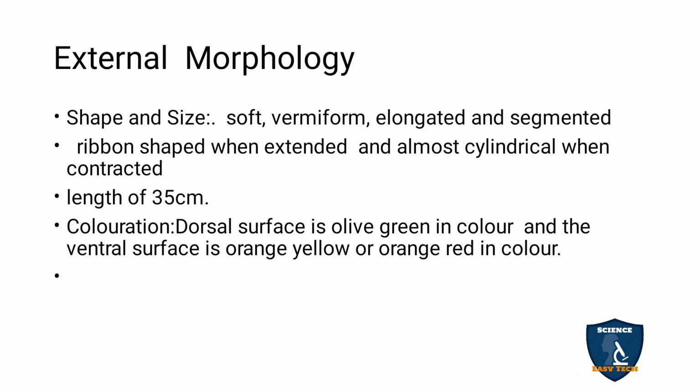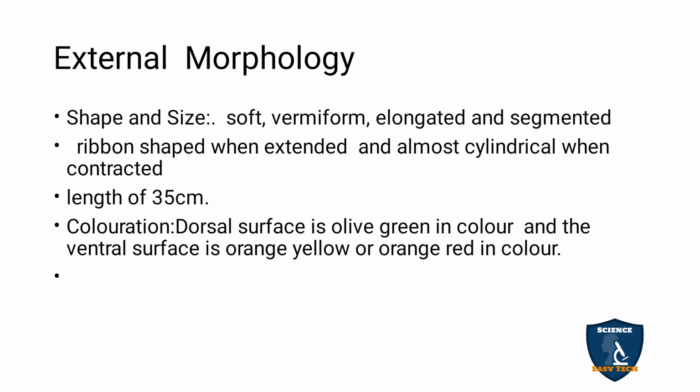Mostly it deals with the earthworm because one of the annelid worms is the earthworm. So like that, the leech is also vermiform. Elongated means it elongates, and segmented means with segments.